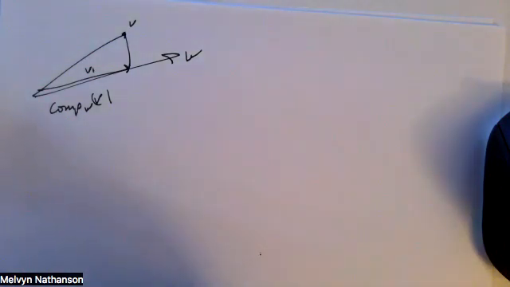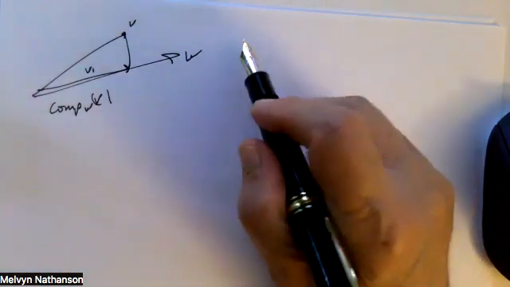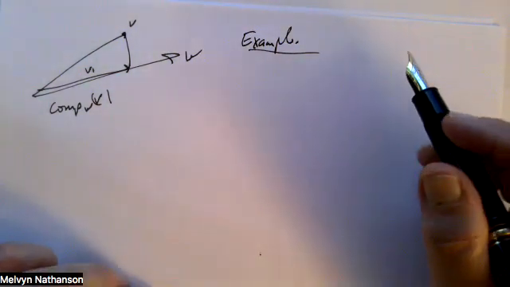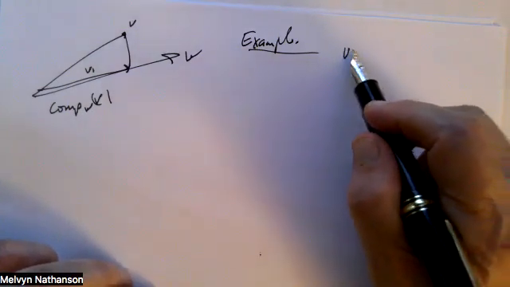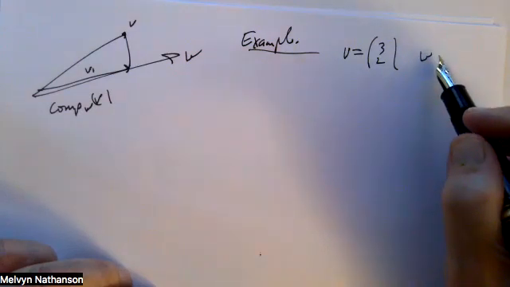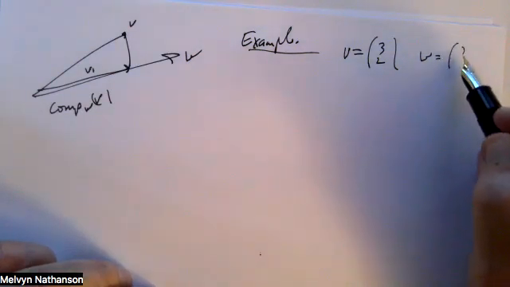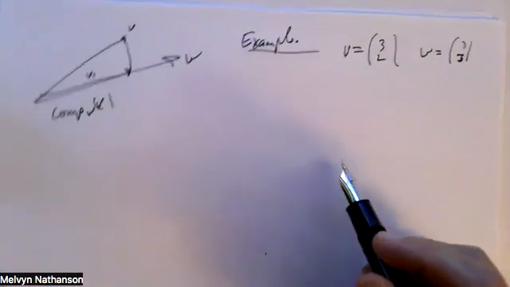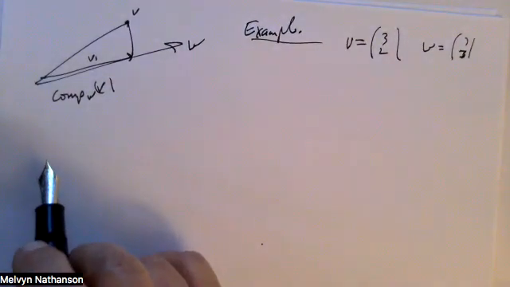Let's actually work out an example. Suppose I let V be the vector 3, 2, and W be the vector 7, 3. Let me try and draw a picture of this.